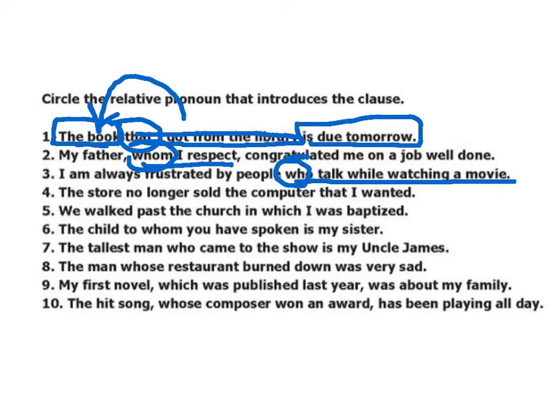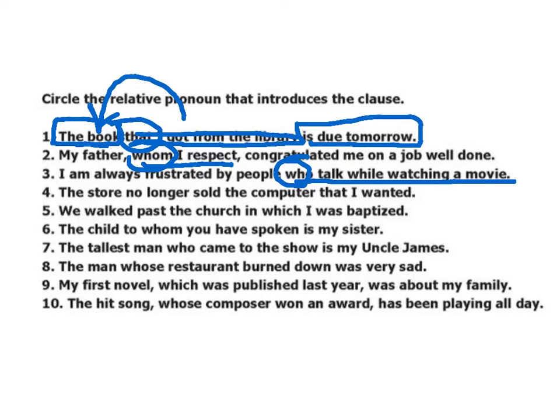And then you've got a relative clause, and nothing after that relative pronoun is essential for the rest of the sentence or for the independent clause. Who talk while watching a movie modifies which people frustrate the subject of this sentence.